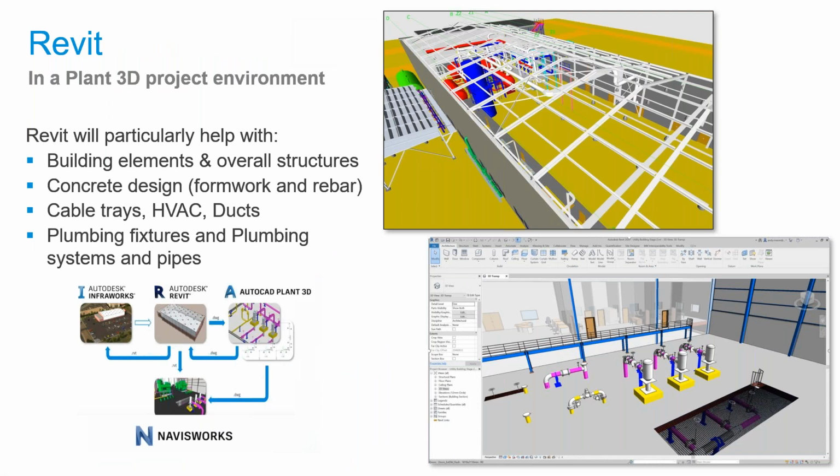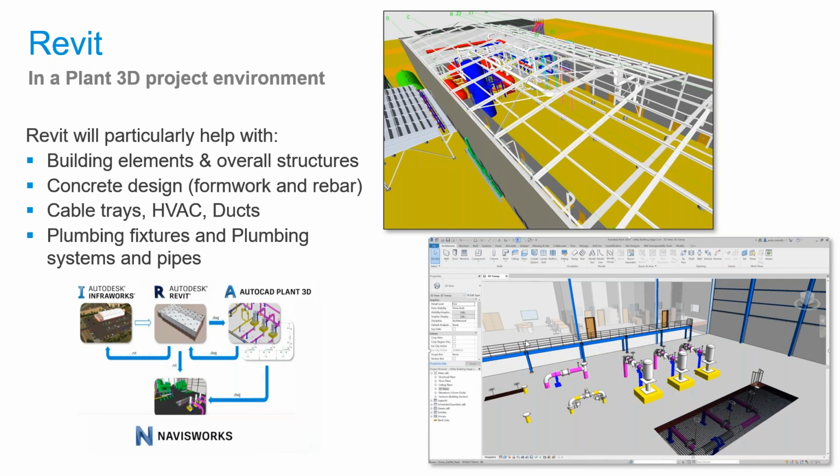Revit for a plant project itself can be used in a plant environment, I would say, and it will help in specific areas. In particular, if you have, let's say, a pumping station with an overall building on top of it, you can very efficiently use Revit to design and model all these building elements like walls, the structure, the concrete design.